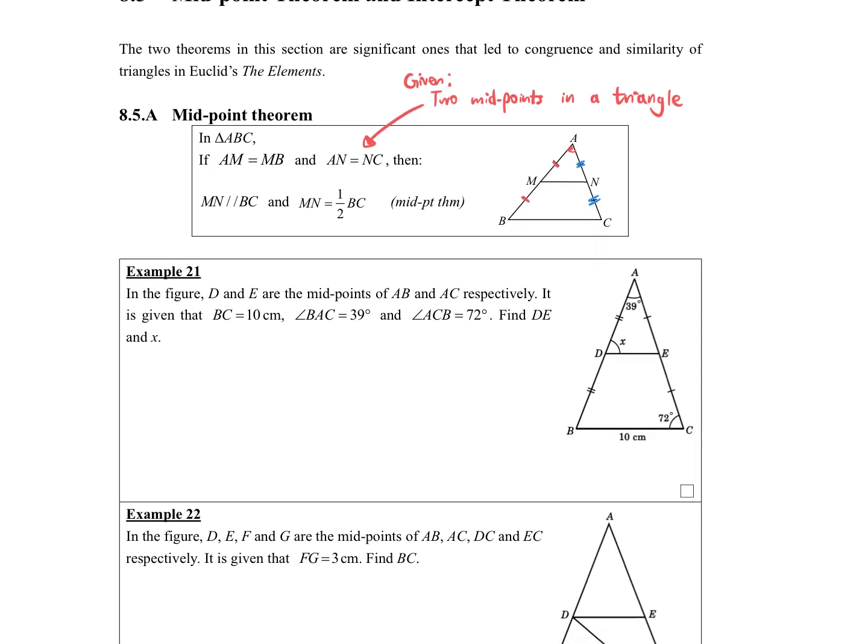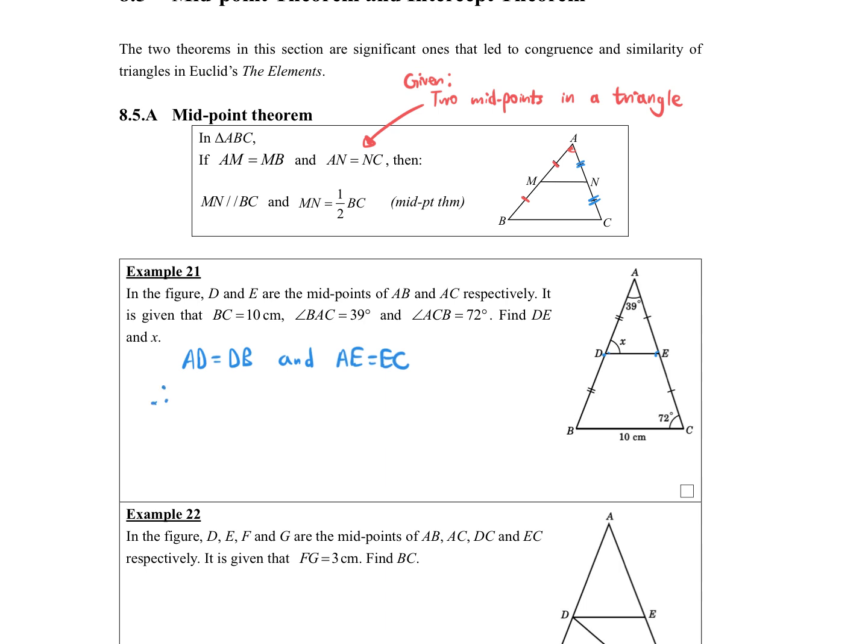If we join two midpoints in a triangle, there are many ways to state midpoints, but as long as they have the same length, AD equals DB, then it's a midpoint. So in example 21, we state that this is the midpoint. AD equals DB and AE equals EC. So we fulfill the two midpoint conditions.